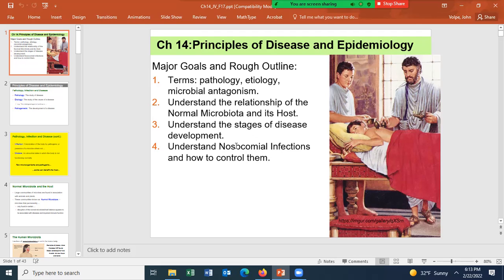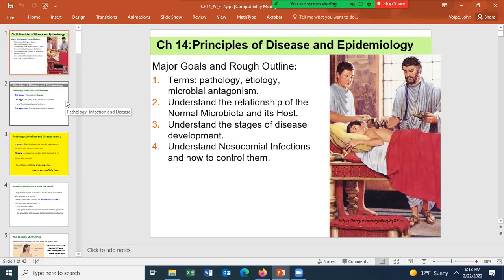And this will be one of the greatest things you can learn in microbiology if you're going to work in the healthcare field. Any question about any of that?